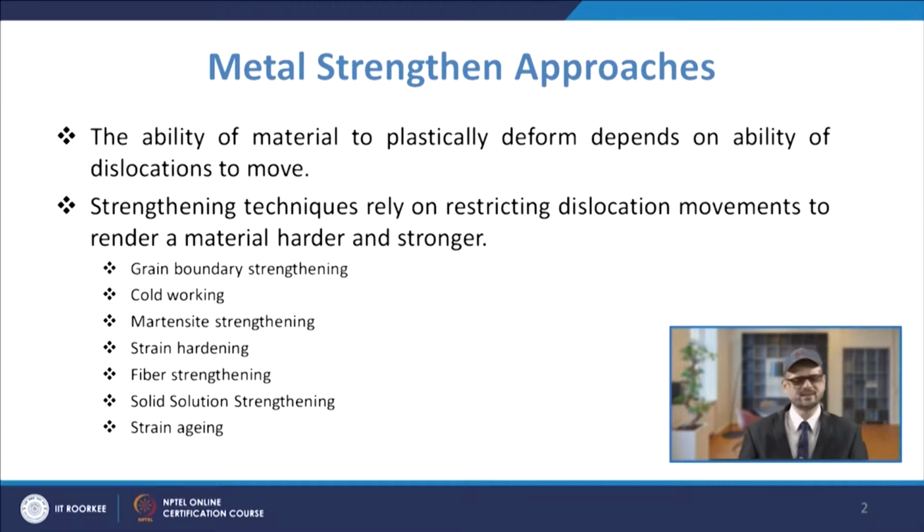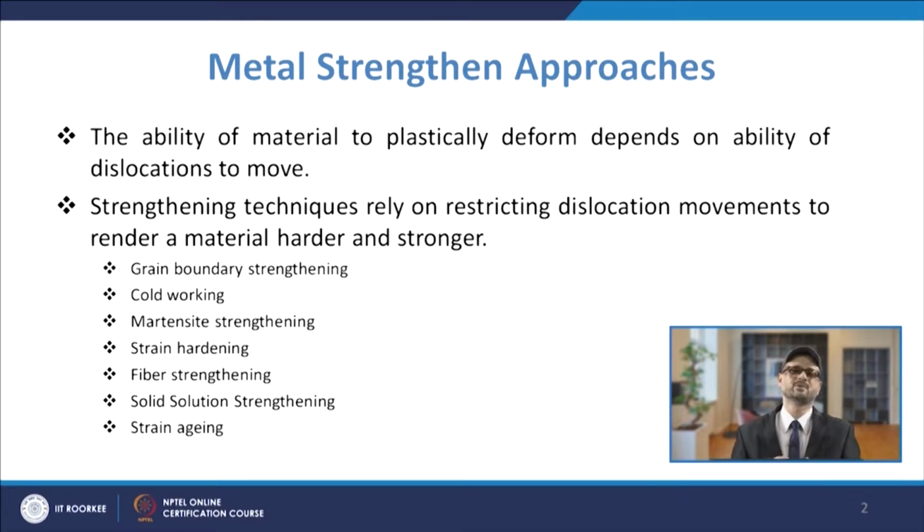Fiber strengthening is another method, because in many cases you use fibers, and fibers have more rigidity and more strength than the parent matrix. So, fiber strengthening is another mechanism by which you can make the material stronger.